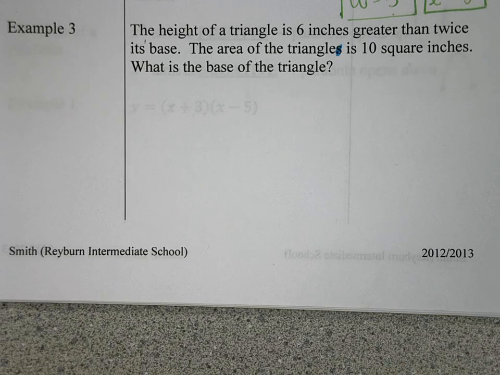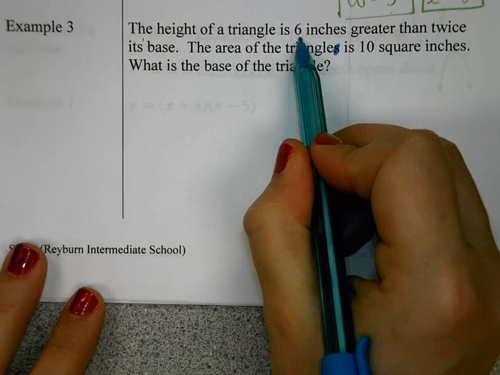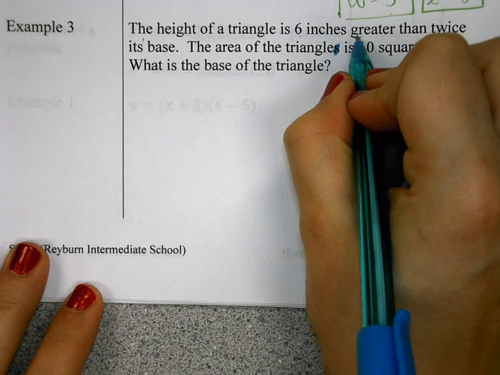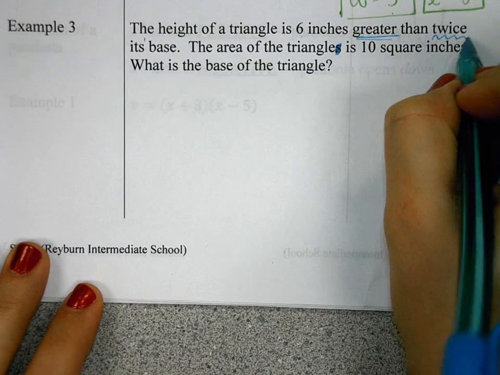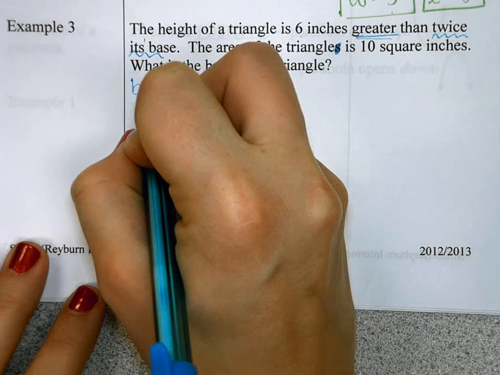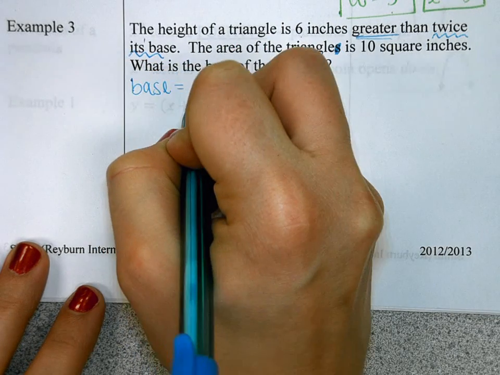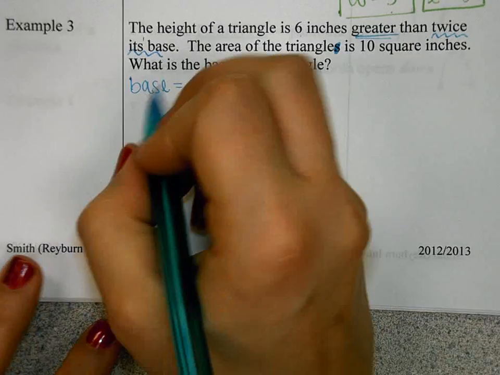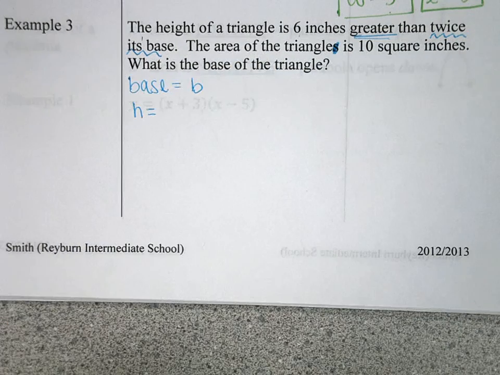Okay guys, so let's look at this. So we know a couple things about the height, right? The height is 6 inches greater than twice the base. Okay, so what do you want to call the base? B. Okay, so let's call base B. So then how could I write height?